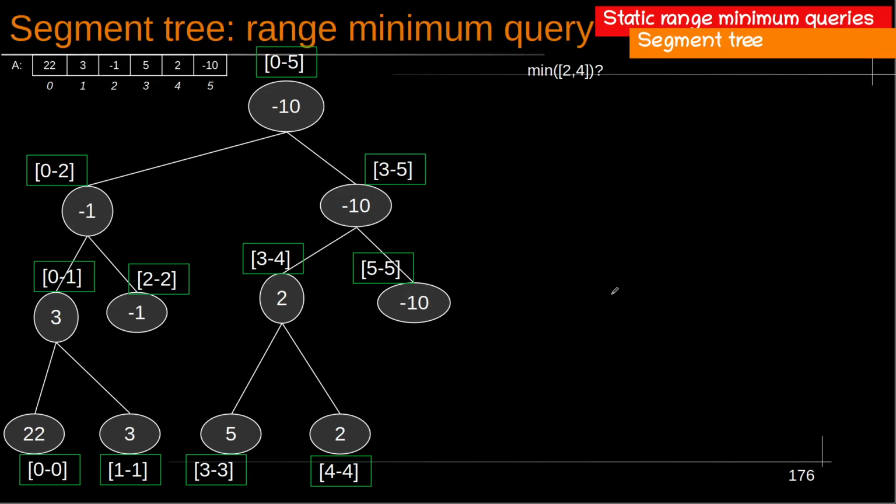Okay, let's see an example. If we have our original array A, that contains these values, and we are looking for the minimum between the index 2 and 4, which means 2 to 4 here.